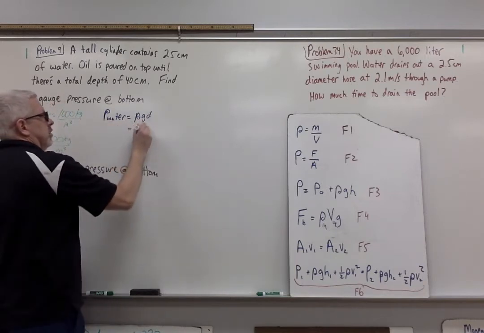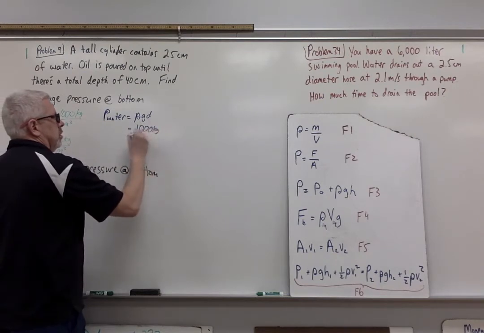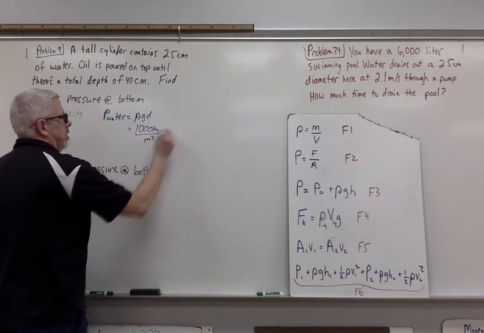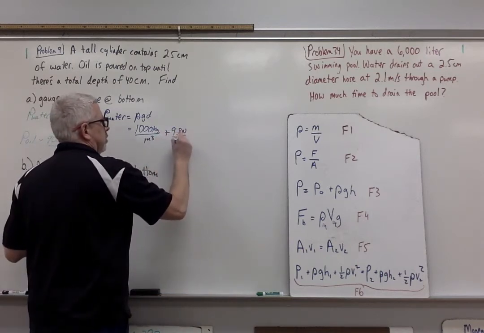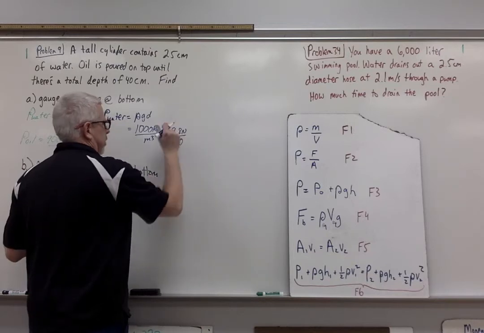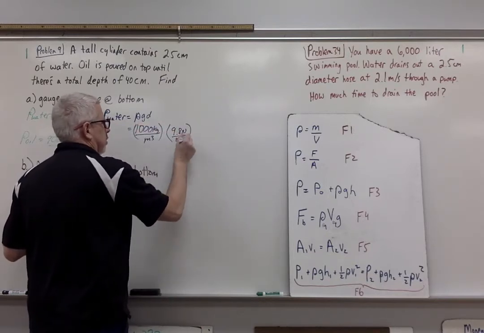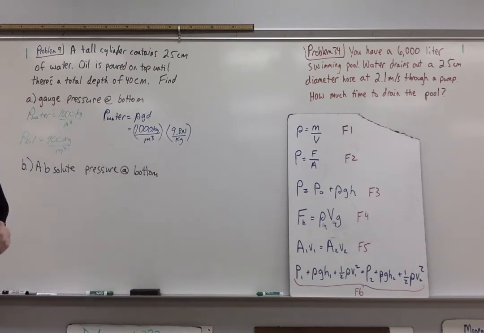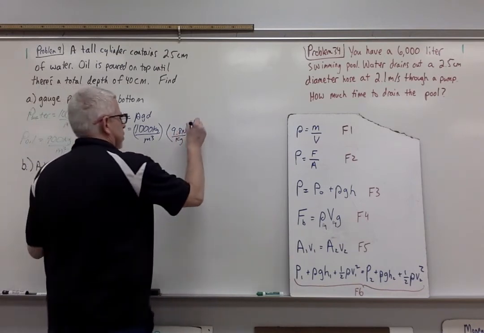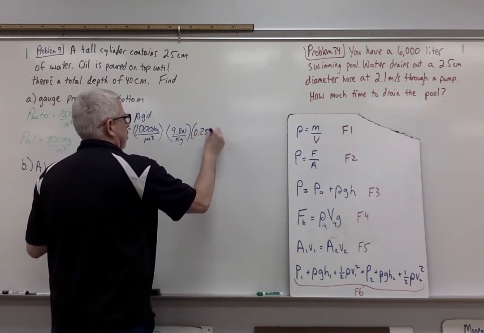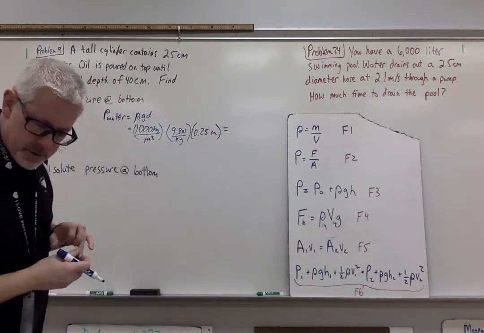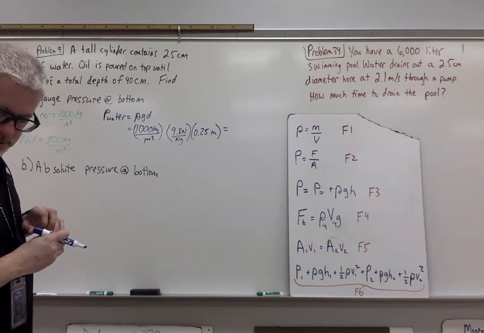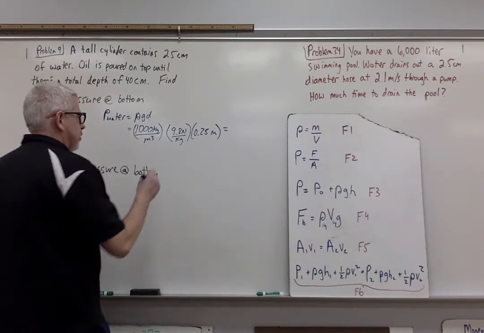Is 1,000 kilograms per cubic meter times 9.8 newtons per kilogram. Nope, not plus, times. And then multiplied by a depth of 0.25 meters. And when we do that, we get that the pressure caused by the water is equal to 2,450 pascals.